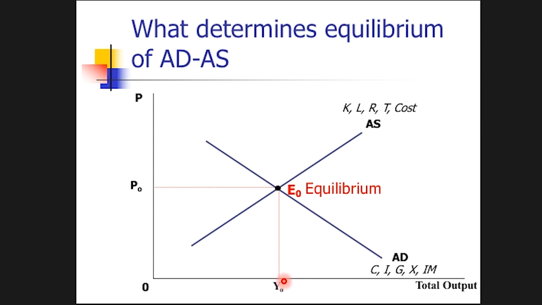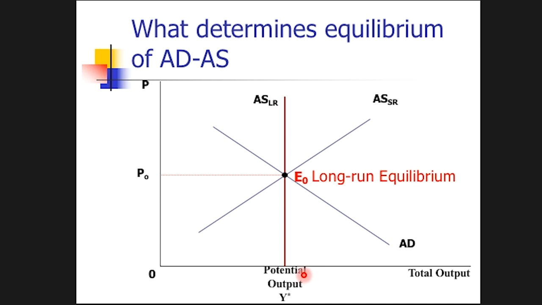This is also the actual GDP for the year. And if this actual GDP equals the potential GDP, it means that the equilibrium point stays on the long-run AS. So this is called long-run equilibrium.